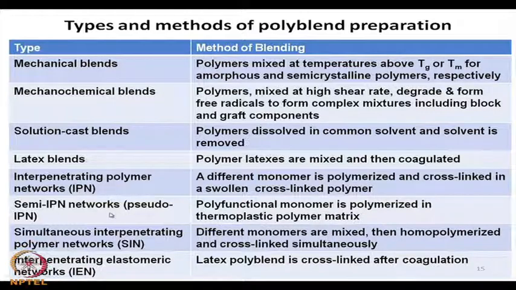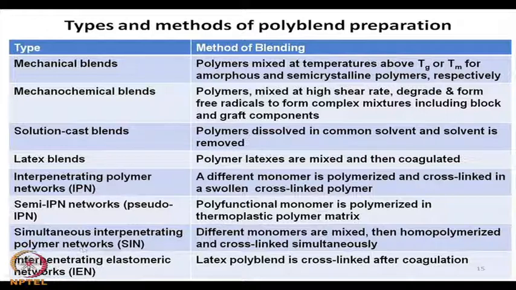So, that is known as semi-IPN. Since it is thermoplastic, it is not cross linked, whereas this polyfunctional monomer having functionality more than 2 will form a 3-dimensional cross linked network. So, this is cross linked, this is not cross linked. So, we call it a semi-IPN network or pseudo-IPN network polymer, network blend.